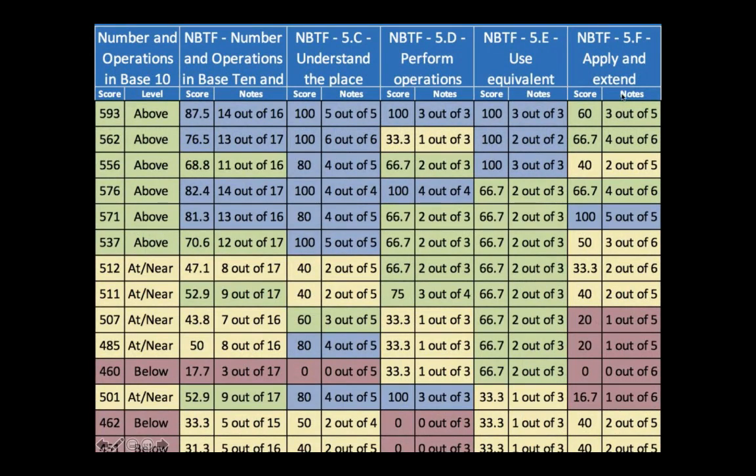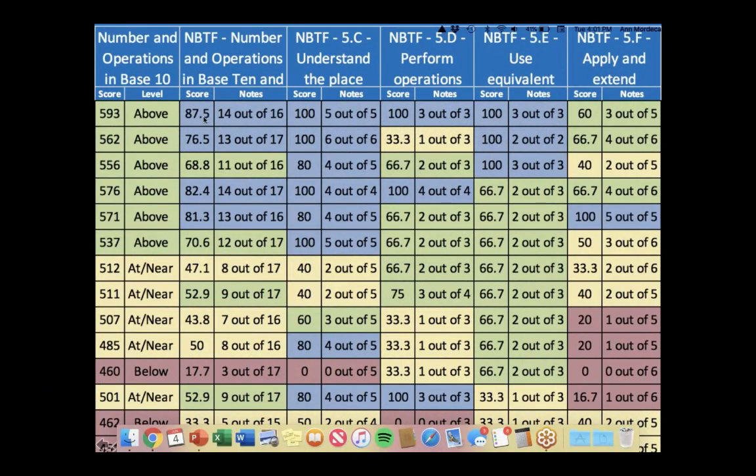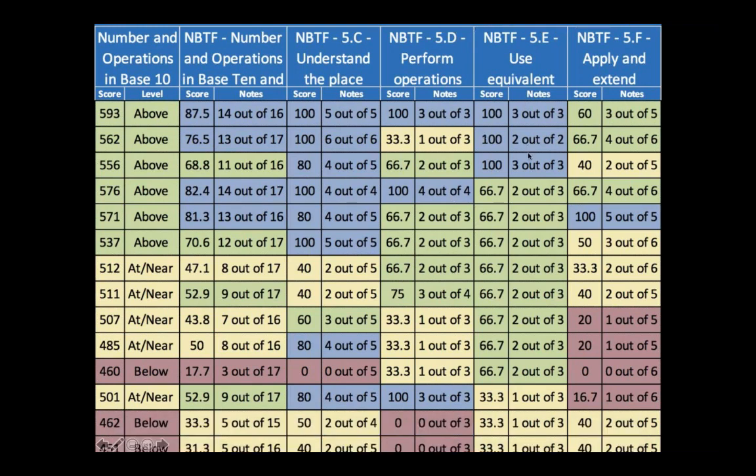Another reason is this, which is a little messy report, but you've got numbers and operations base 10, and numbers and operations base 10 and fractions. So this is the 3 level and this is the 4 level with the percentages. This is a cluster, and these are the clusters underneath that reporting category. If you look at these 2 students, both of them got a 1.